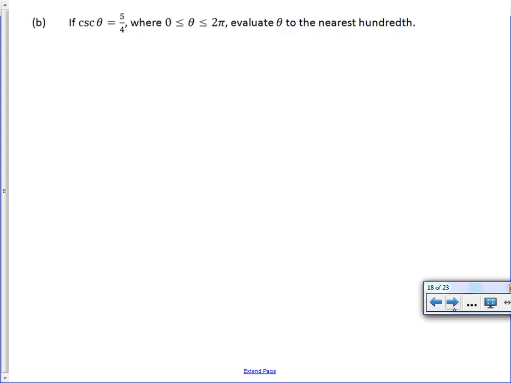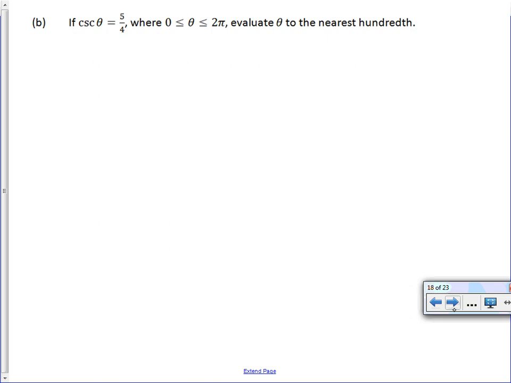Let's do that again. If cosecant theta is 5/4, where theta is between 0 and 2 pi, evaluate theta to the nearest hundredth. Oh, reciprocal ratios, boo. Maybe not so boo. Maybe we can figure out an easier equation to solve if you're catching my drift.